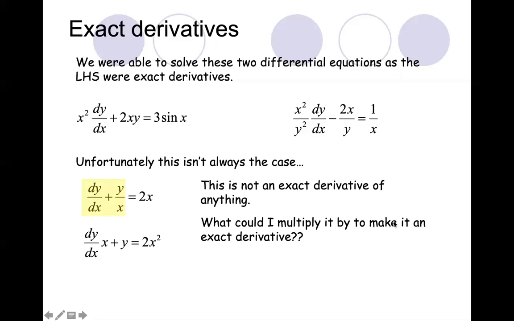What is that thing to multiply? If we multiply by x, then this will be the derivative of a product. It's the derivative of xy, right? So we have multiplied this whole equation by x to get this one. And then this left-hand side now becomes an exact derivative.